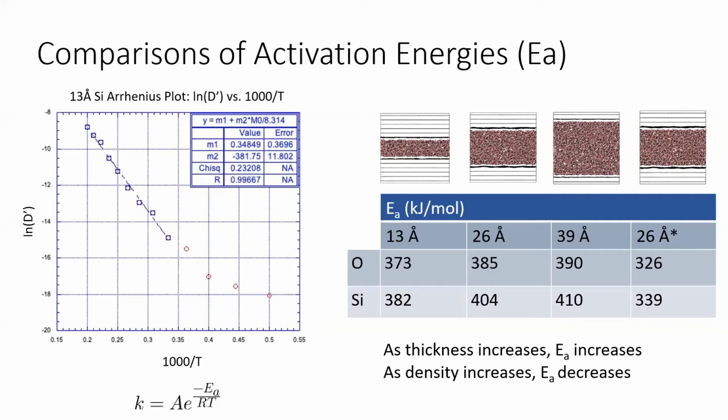For the trends and the differences in thicknesses and densities, when we look at the table, we see that as density increases, activation energy decreases. We also see that as thickness increases, the activation energy increases.